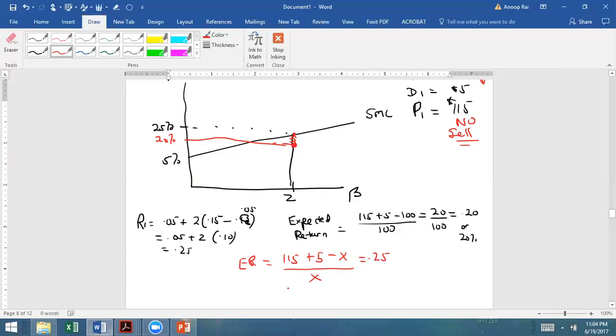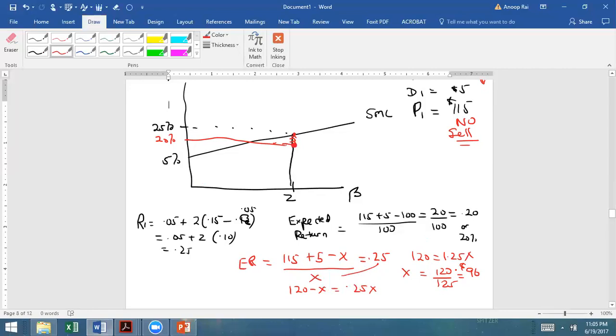So if I were to solve it, 120 minus X is equal to 0.25X, bringing the X over here, or 120 is equal to 1.25X. X is equal to 120 divided by 1.25, which is $96.